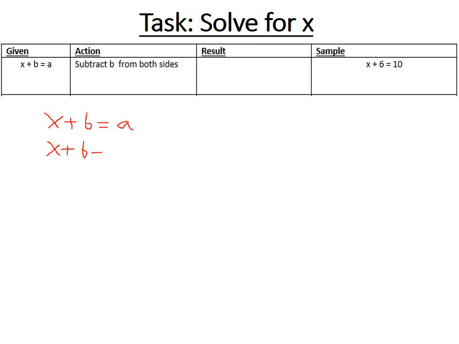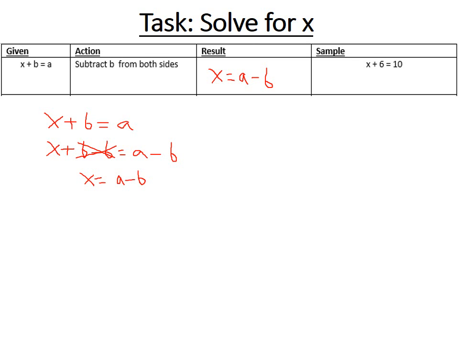So x plus b minus b is equal to a minus b. Now b minus b is 0. So you have x is equal to a minus b. And so that's our end result here. x is equal to a minus b.